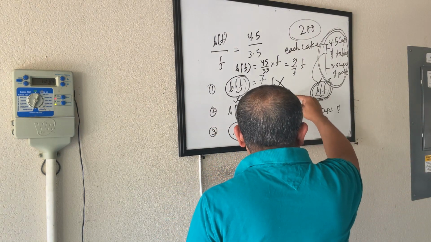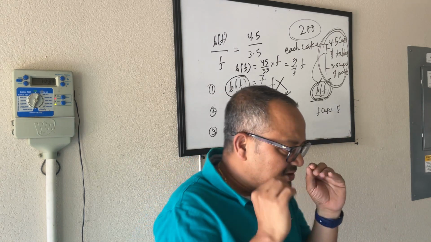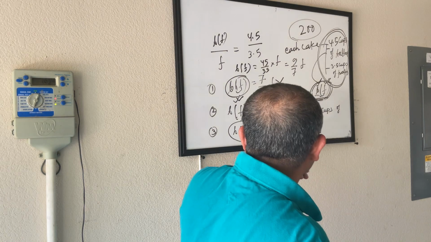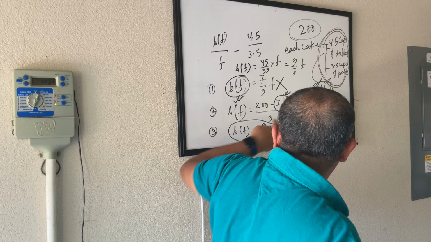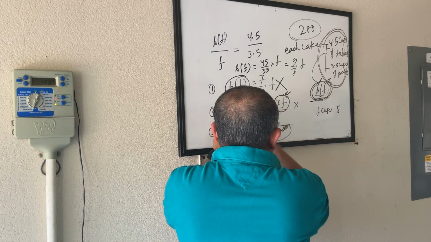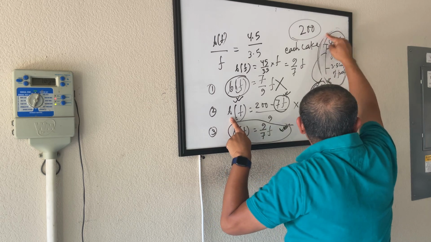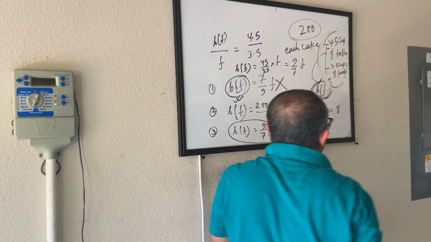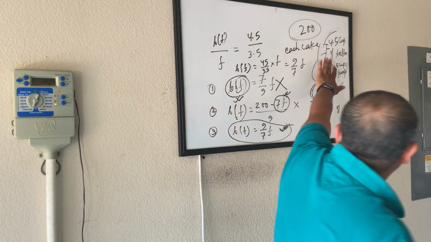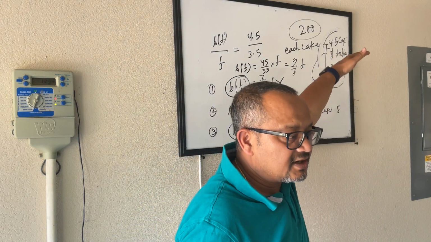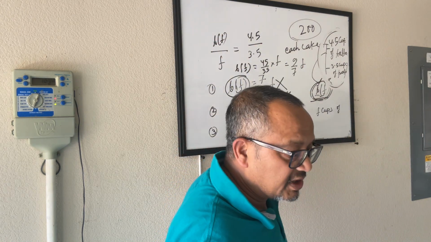Even if this one was looking complicated, with simple common sense I could think that the number of cakes has no bearing on the ratio or the relationship between the batter and the frosting, because the batter and frosting's relationship is depicted here. Every cake, regardless of how many cakes you are making, is dependent on their internal relationship, the ratio or the proportion, not on the number of cakes that you are making.